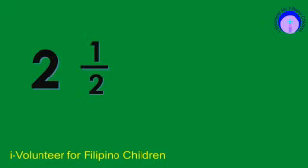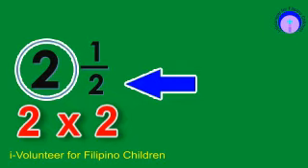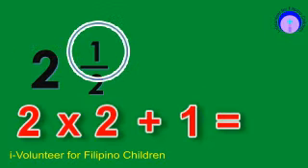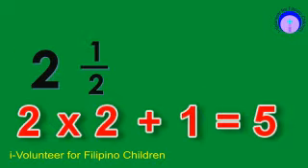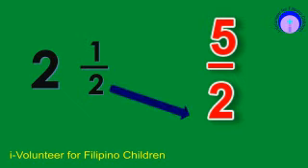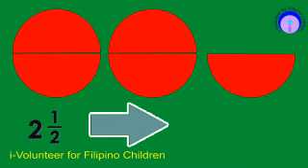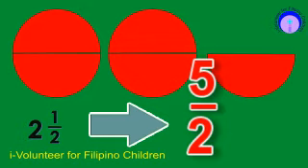Again, the denominator is multiplied to the whole number plus 1 equals 5. 5 becomes the numerator, while 2 is the denominator. This is now the improper fraction of 2 1/2. This is read as 5/2.